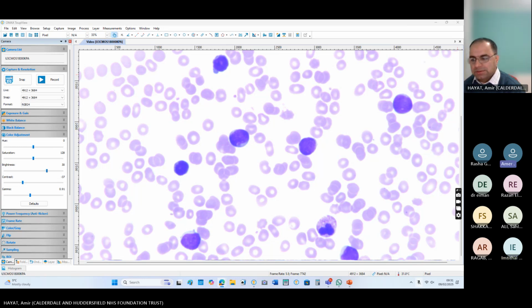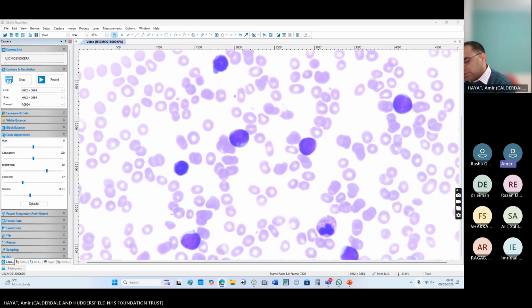Okay, so you would like to send referral blood for immunophenotyping in this case. Okay, so CD19 is positive, CD10 is positive, CD20 is positive, CD4 is negative, CD5 is negative, CD7 is negative.